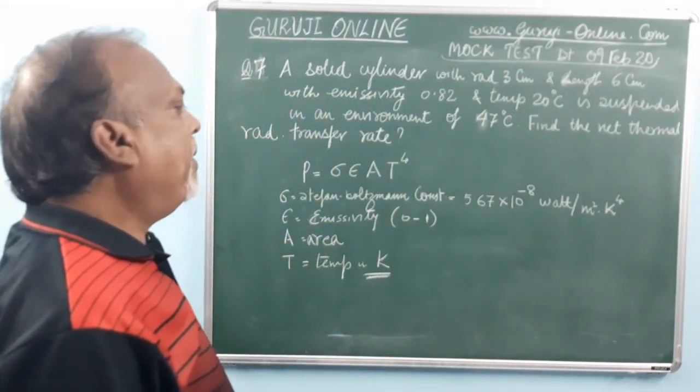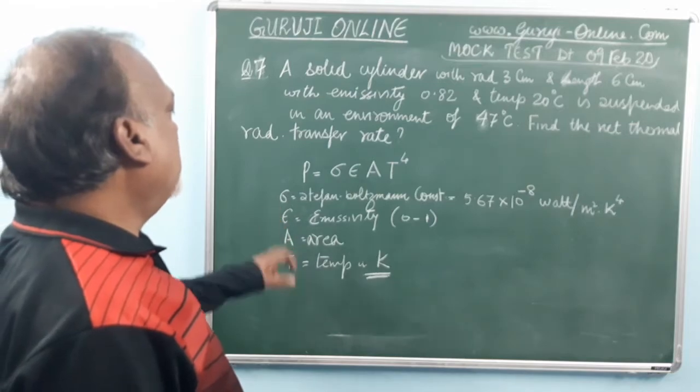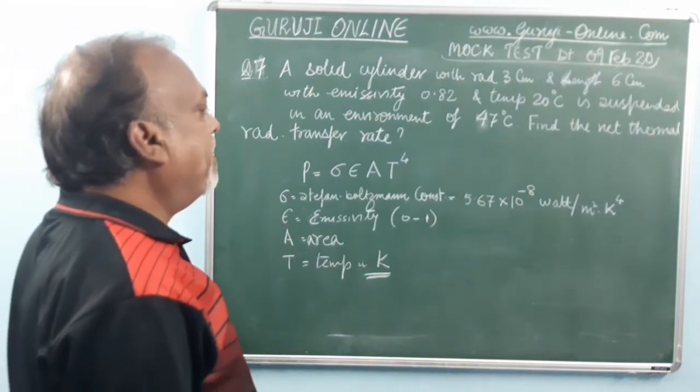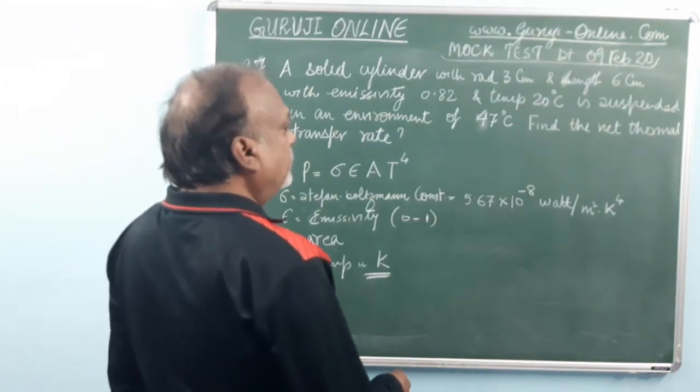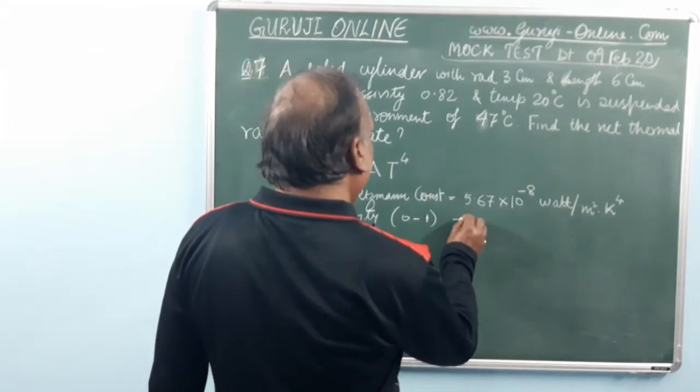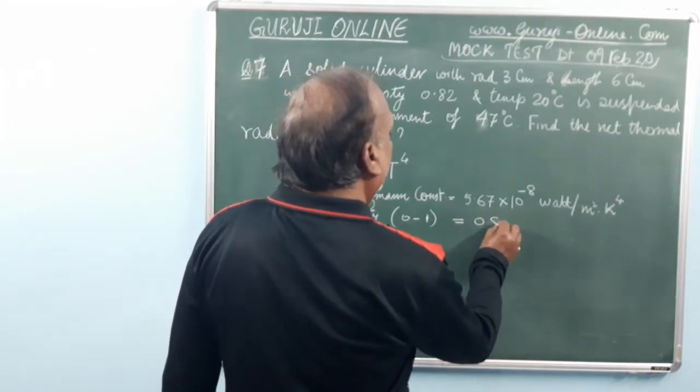This is the unit of this constant. Emissivity we are given here, 0.82.